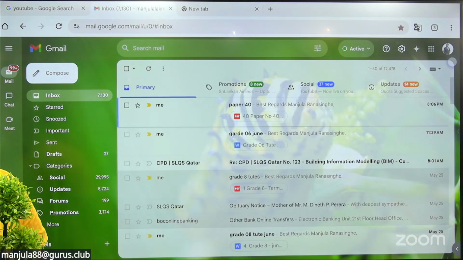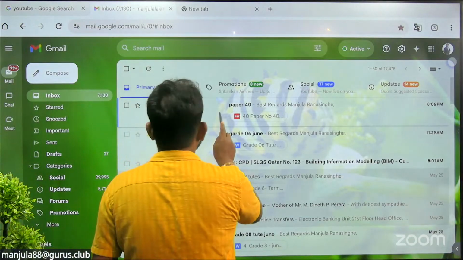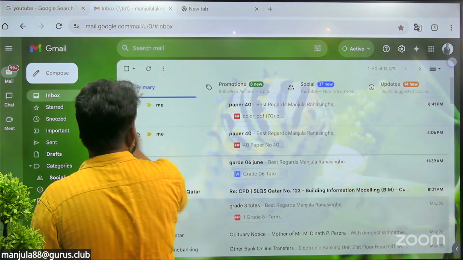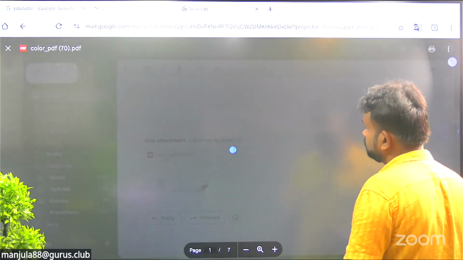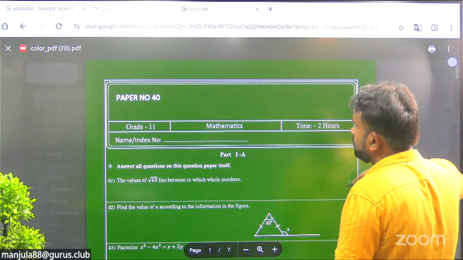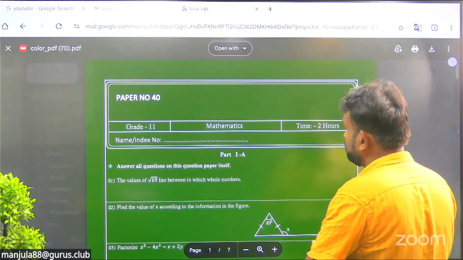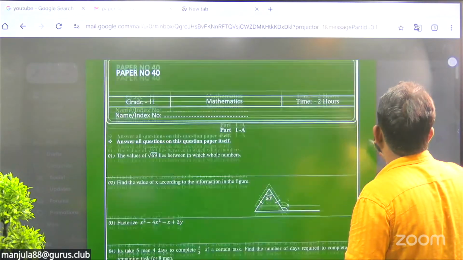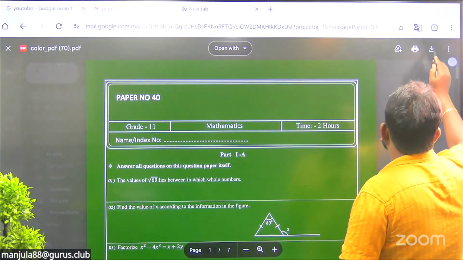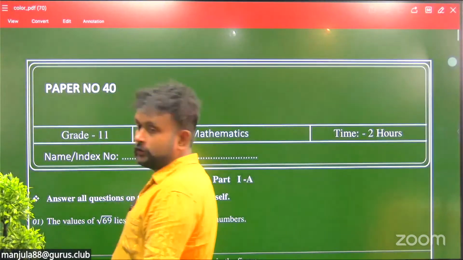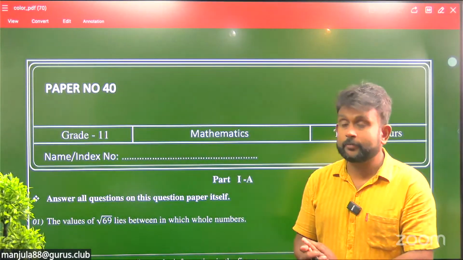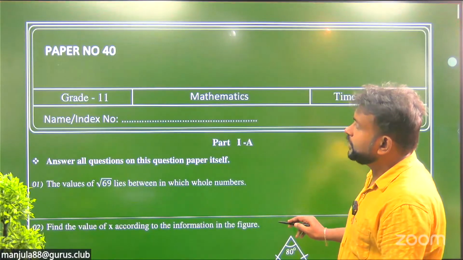Okay, we will recover that error. So this is the paper number 40 that we are going to discuss now. I think now you can see paper number 40 clearly.